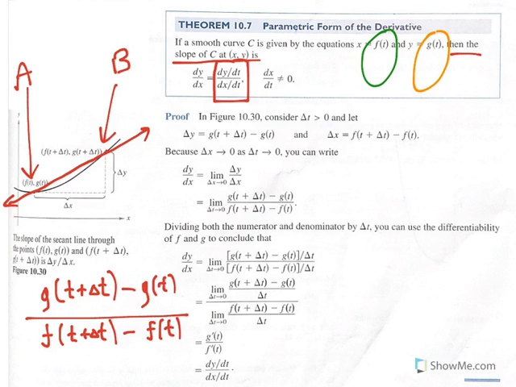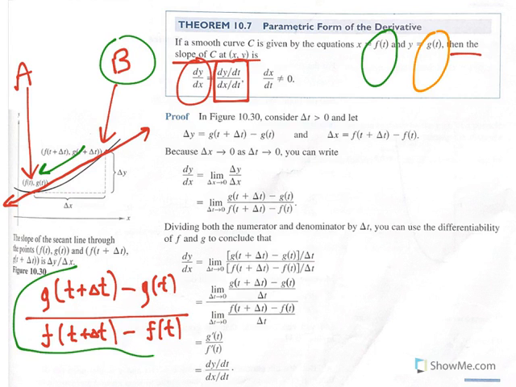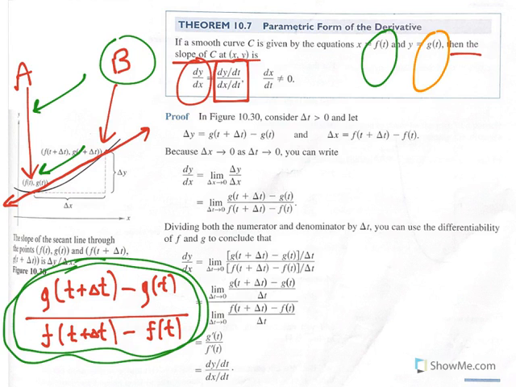In other words, if we want to talk about dy dx in this particular problem, we have to move point B closer to point A, and we have to keep considering the slopes of the secant lines as B moves closer to A, and the slope of the tangent line to the curve at point A would be the limiting value of the slopes of the secant lines as delta x approaches 0. In other words, as point B moves closer to point A. And that's what you see here.